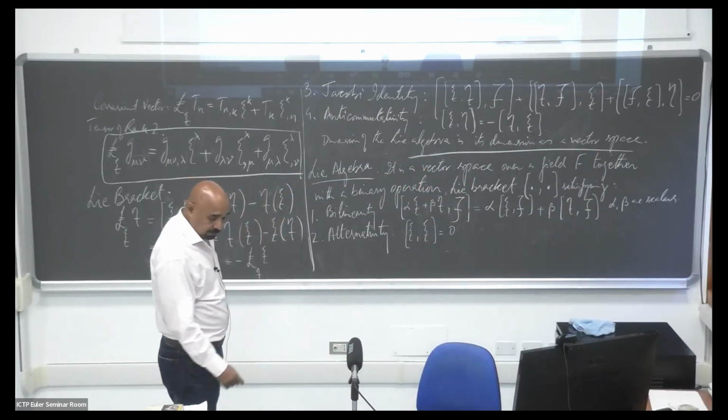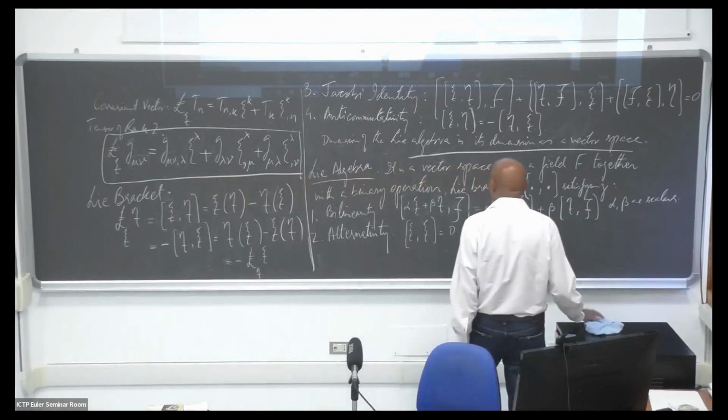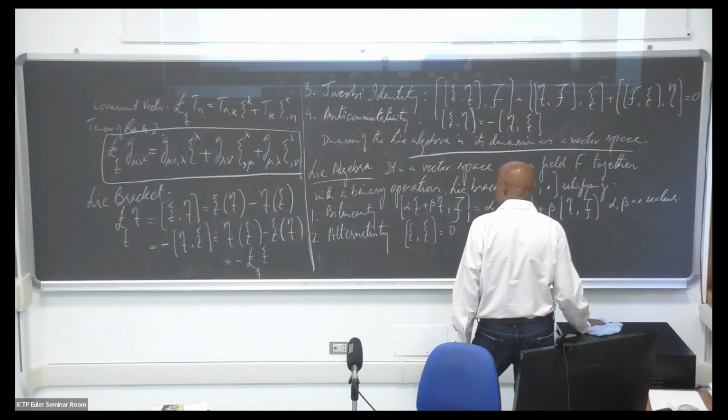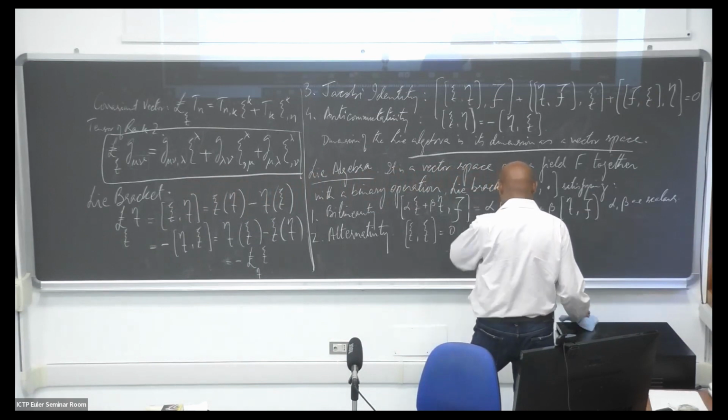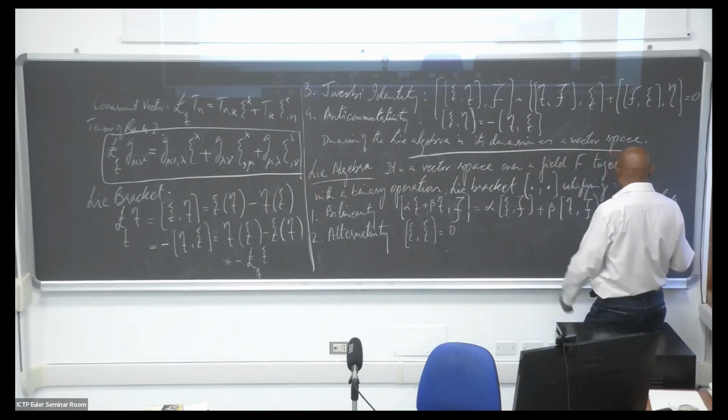So if these vectors are represented by generators, as I said, they come from the, I think they're clear actually.